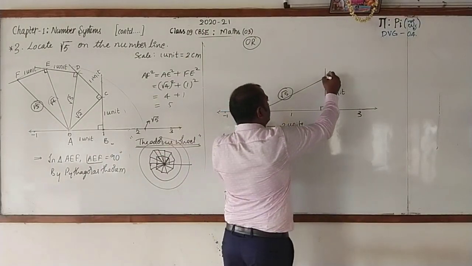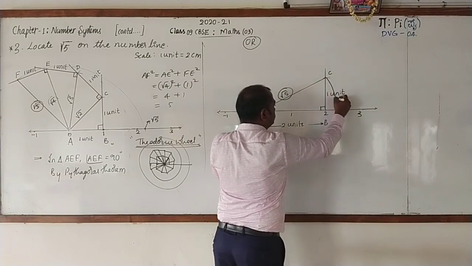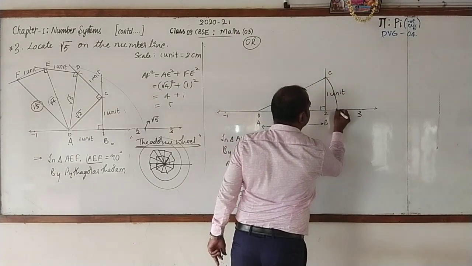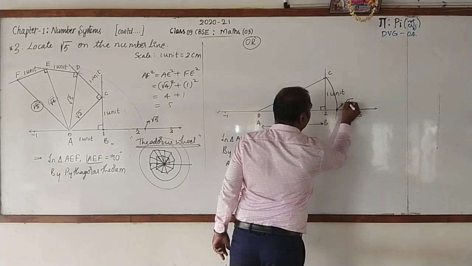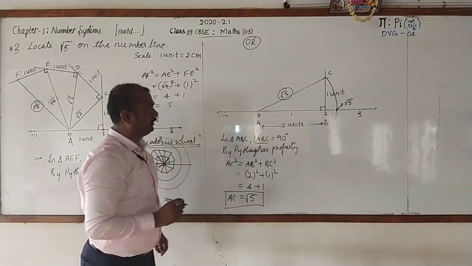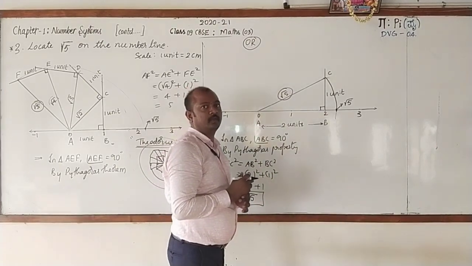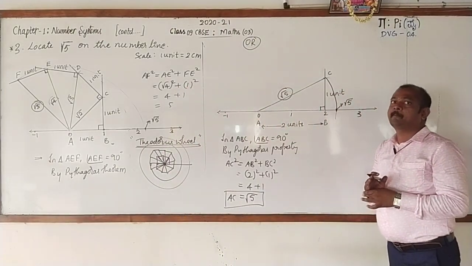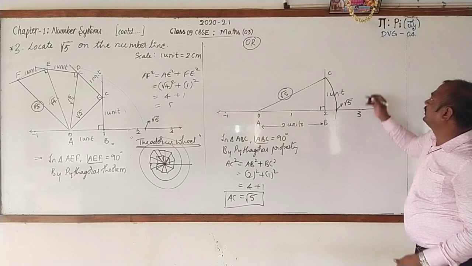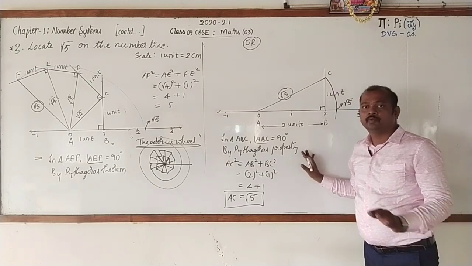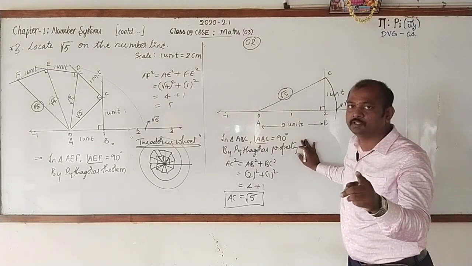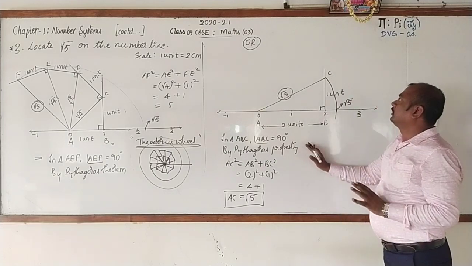I go for drawing lines. This is the point which represents root 5 on the number line. I hope you have understood this. Clear? Yes. And you have to copy this by pausing the video.